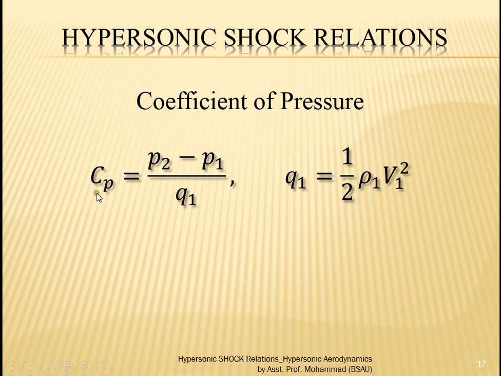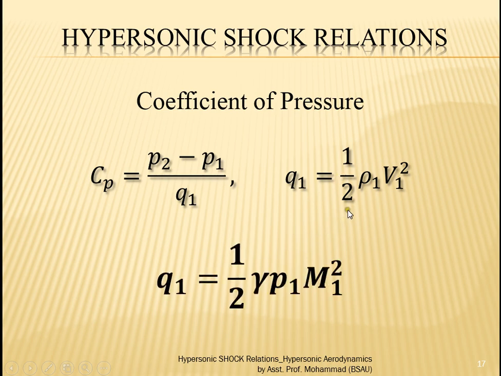Now this Cp is actually being calculated at the point 2 where this value P2 is there. So P1 and Q1 are independent, so it is always a reference condition, and P2 is the point where Cp is being found, and then this relation defines the coefficient of pressure, and this is the dynamic pressure in the free stream condition.